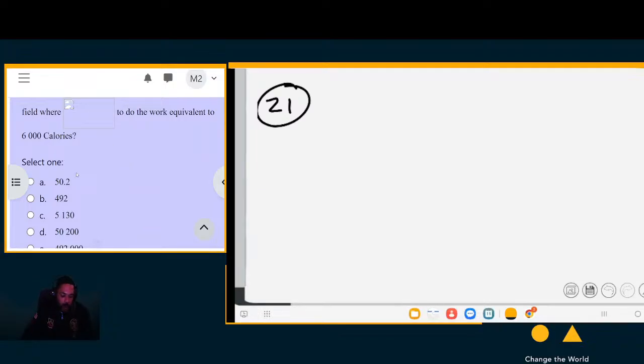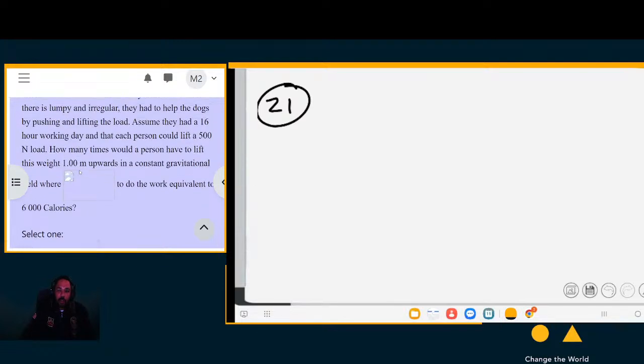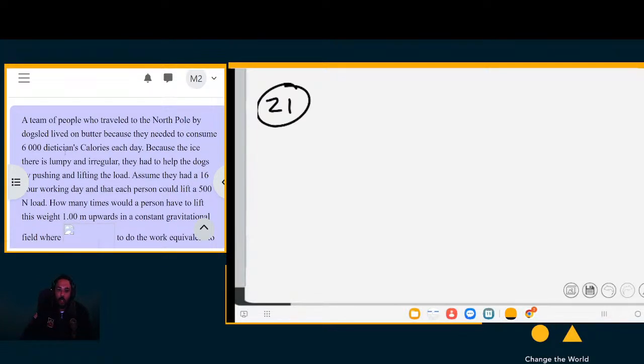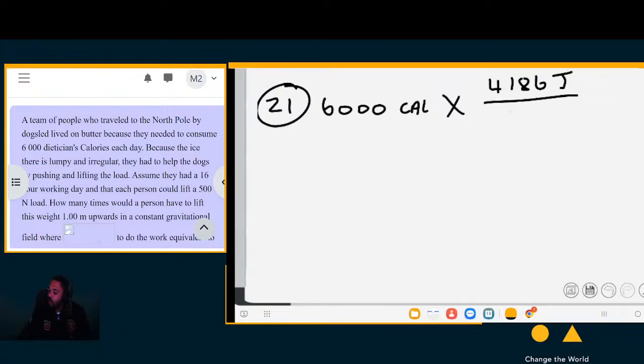Now, we know, first of all, let's convert that calories to joules. Okay, 6,000 calories multiplied by 4,186 joules per 1 calorie.